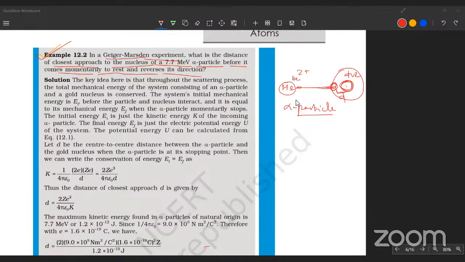What is energy consideration? What is kinetic energy?